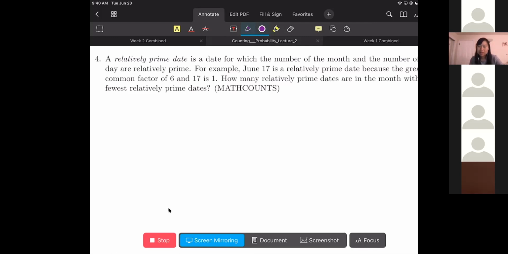If you think about it, the months that have the fewest relatively prime dates are going to be the months where the month has a lot of prime factors in it.